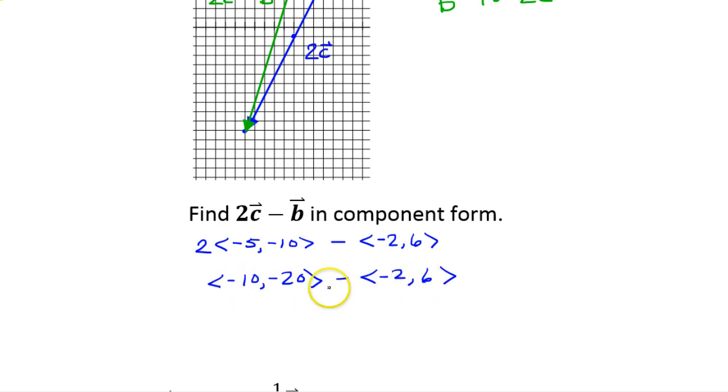So negative 10 minus negative 2, that's the same thing as negative 10 plus 2. You know, minus a negative is addition. And then we have negative 20 minus 6. So the final answer will be negative 8 comma negative 26.